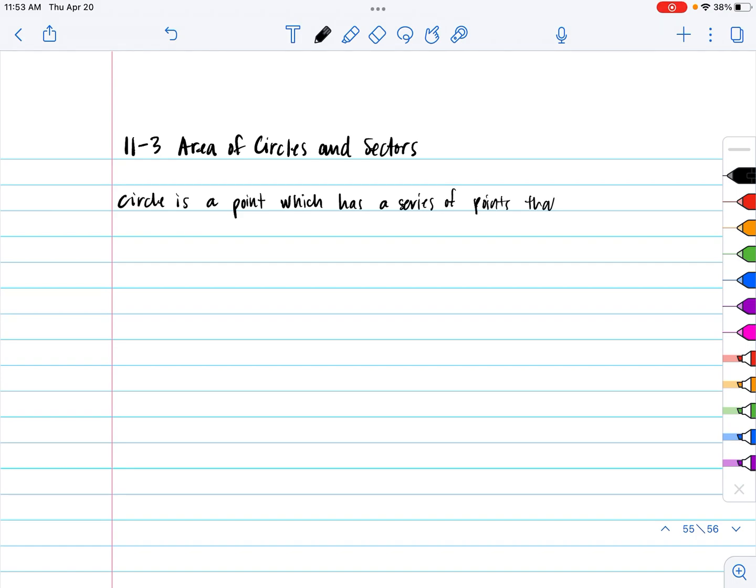Equidistant just means equal distance from the center point.